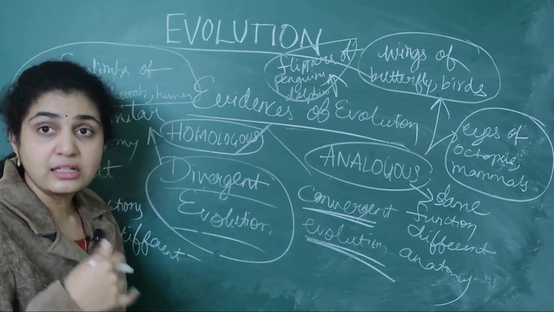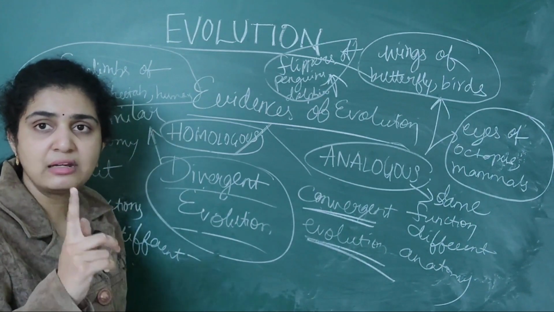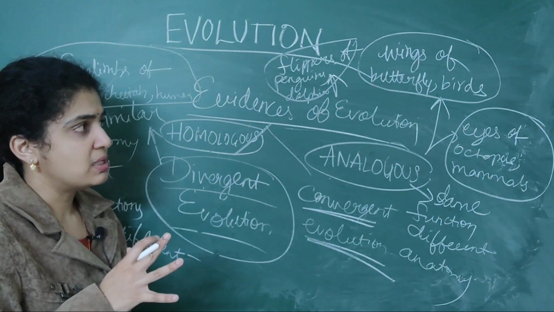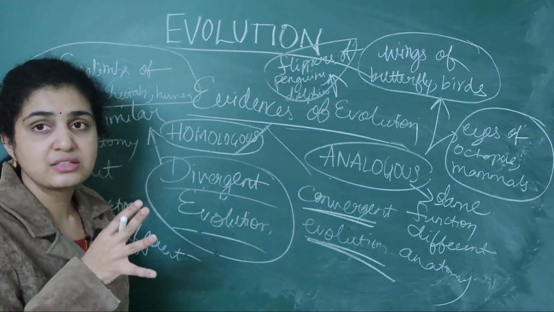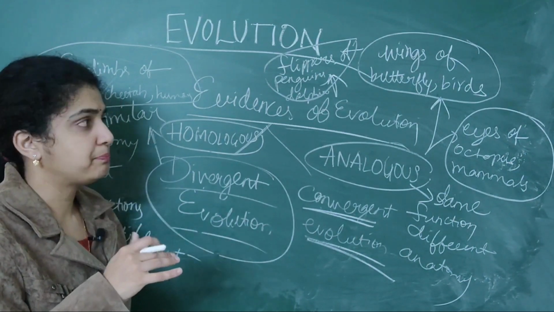They are not alike. Their function is alike. That is, both of the wings will help in flying. So wings of butterfly as well as birds appear alike but they are not alike. They are classified under analogous organs because their function is the same.